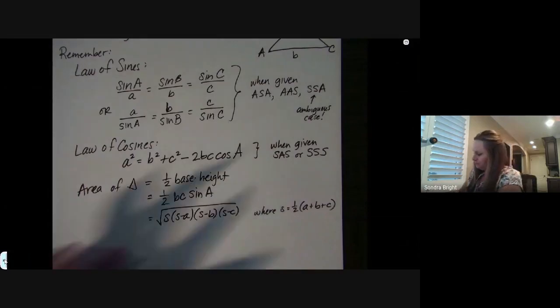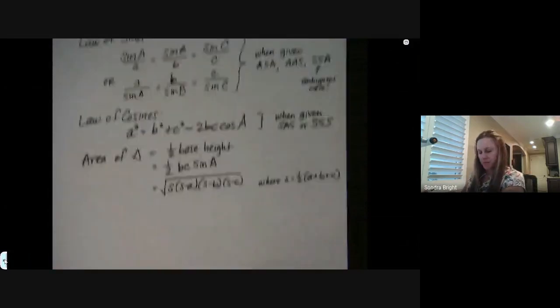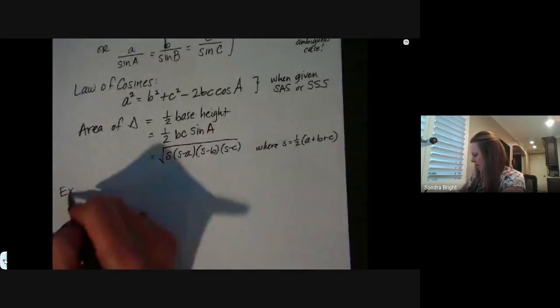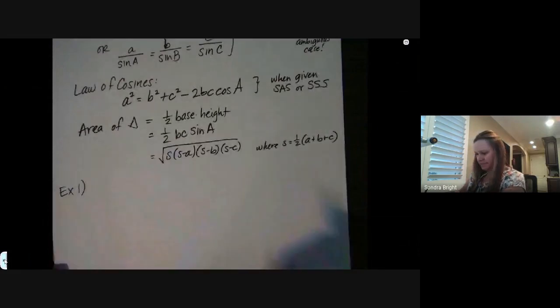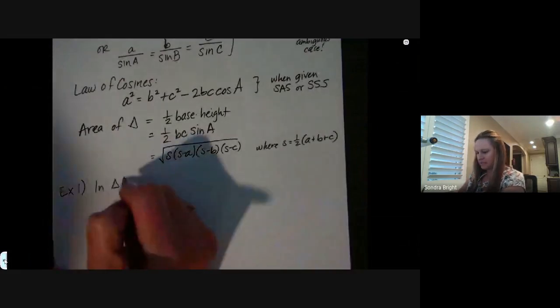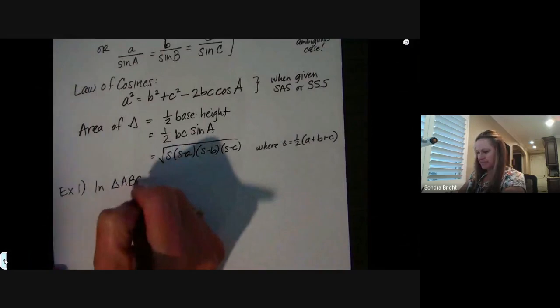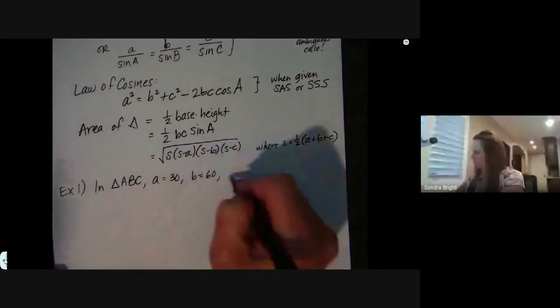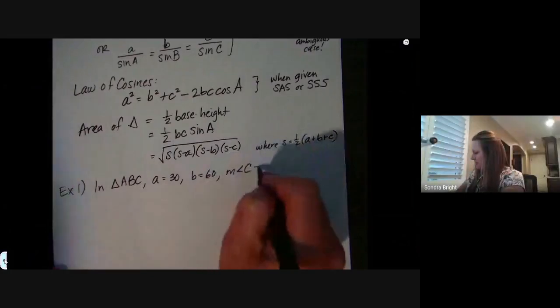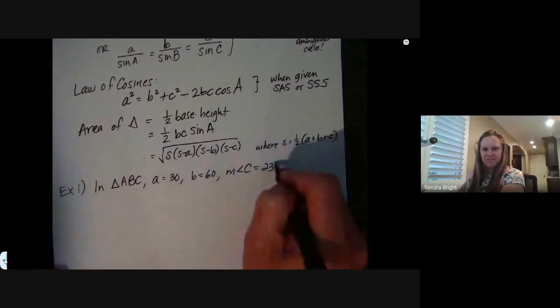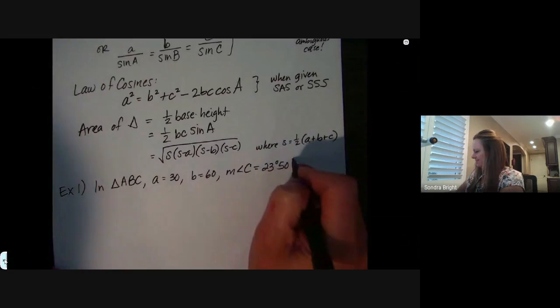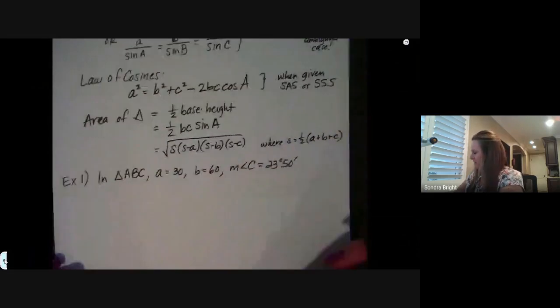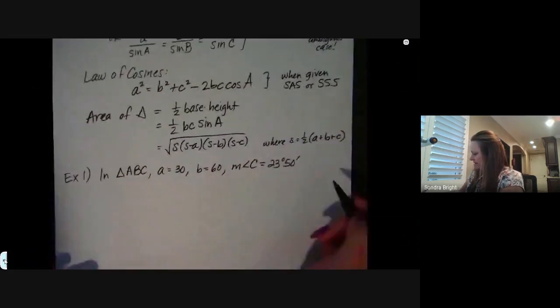So let's do an example. In triangle ABC, side a is 30, side b is 60, and the measure of angle C is 23 degrees, 50 minutes. We're going to find everything that's missing.